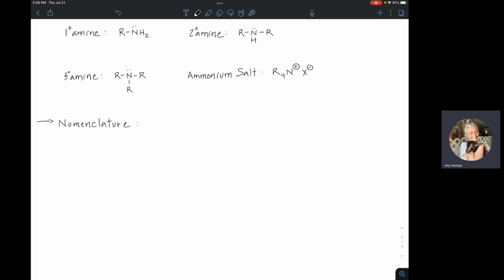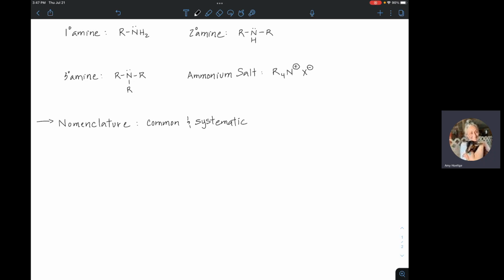So we're going to have common, and I'm going to call it systematic instead of IUPAC, because there's a couple of systematic methods, and I'm going to stick to just one of them.